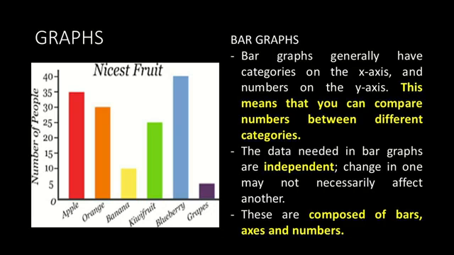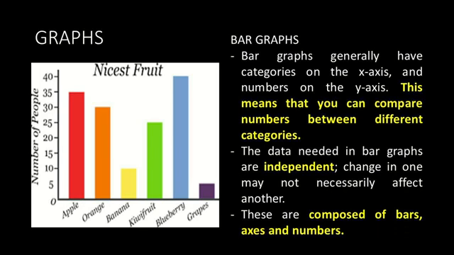Bar graphs are generally used in order to compare numbers between different categories or different components. And how do we compare those components? We compare them by assigning the x-axis for the components and the y-axis for the numerical scale.